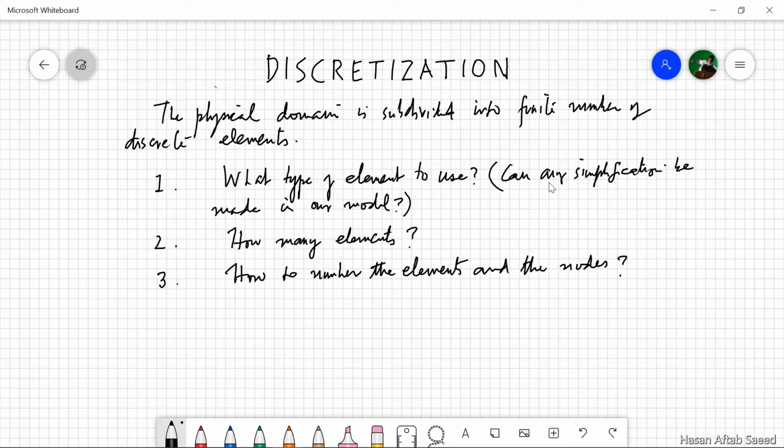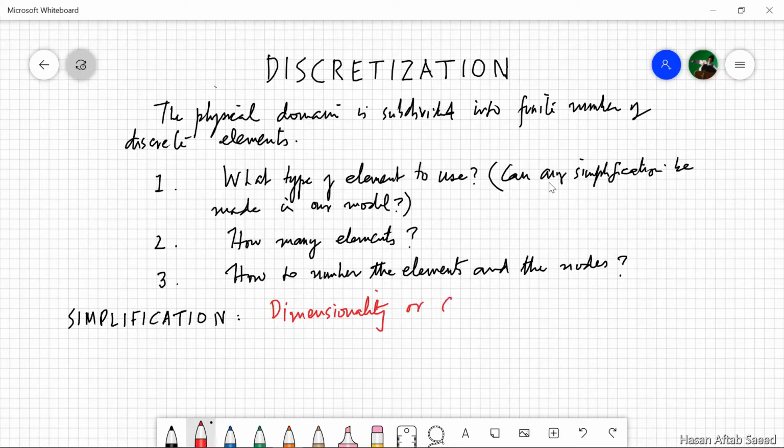So let's take up these questions one by one. Let's start with any simplification that can be made, and that brings us to the topic of dimensionality or geometric approximation.